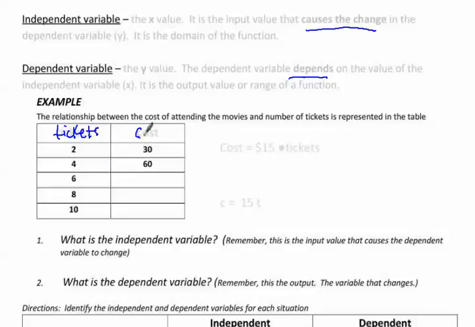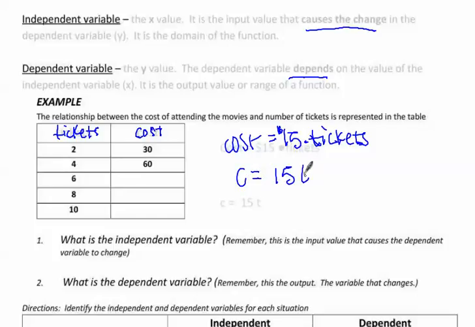Your cost depends on how many tickets you buy. So your formula is going to be cost equals $15 times the tickets. In other words, C equals 15T.